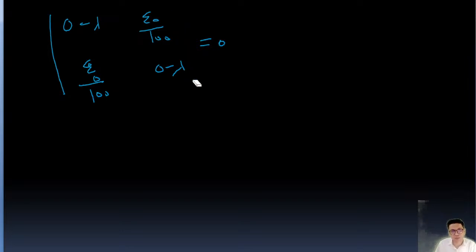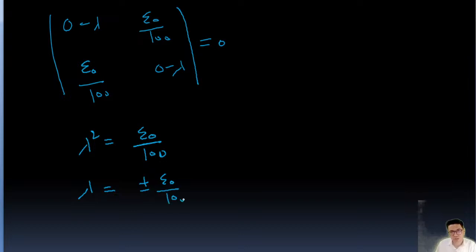Determinant. Okay, so this value is going to be lambda square equal to epsilon upon 100. This means lambda value equal to plus minus epsilon upon 100, that is delta E equal to plus minus epsilon upon 100, okay?